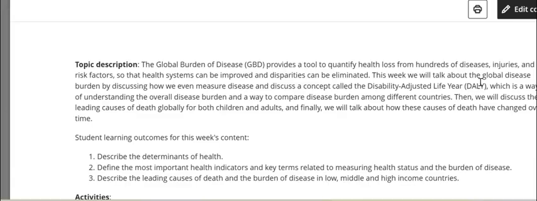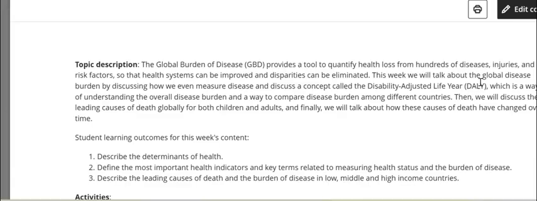And there's going to be a video that's very helpful as far as it's also a way to compare different disease burdens among different countries. So we're going to be reading about and talking about low-income countries, middle-income countries, and high-income countries, and how the overall disease burden can really significantly differ.